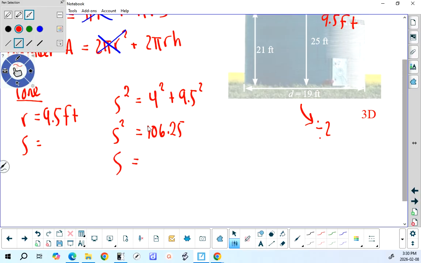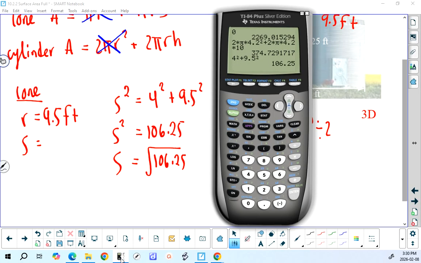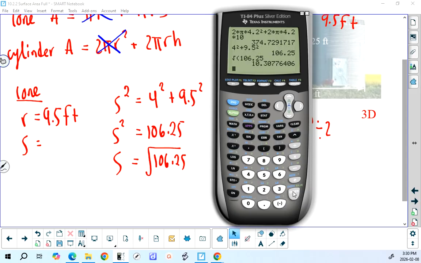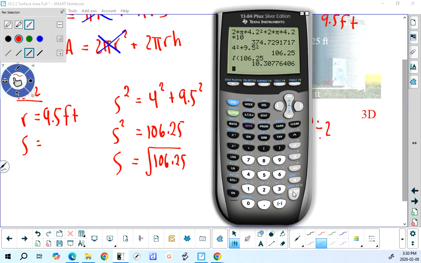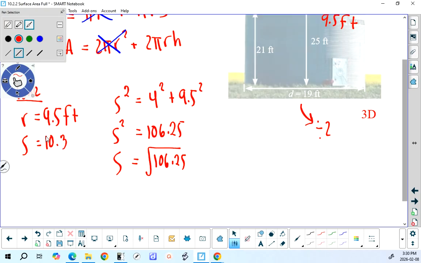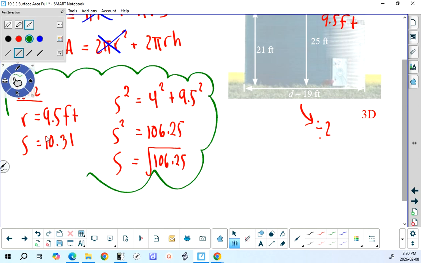So s will equal the square root of 106.25, which gives me about 10.31. So this is for the cone. For the cylinder, I don't think we have any calculations to do.